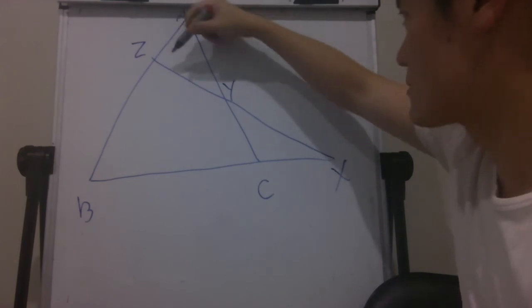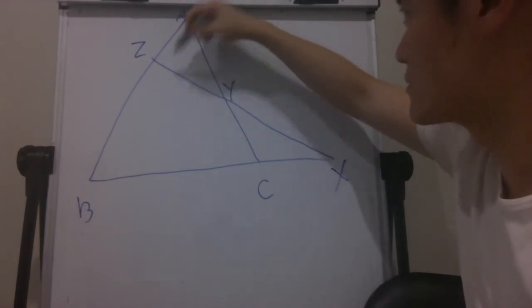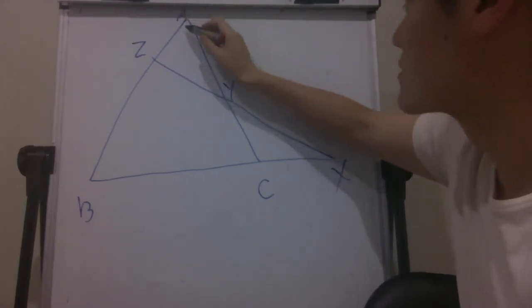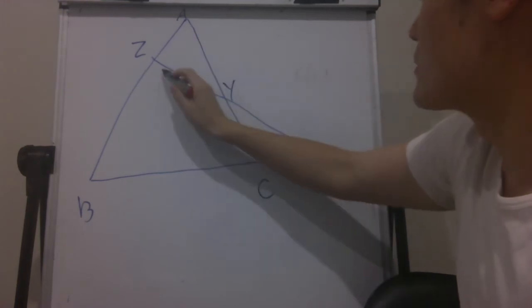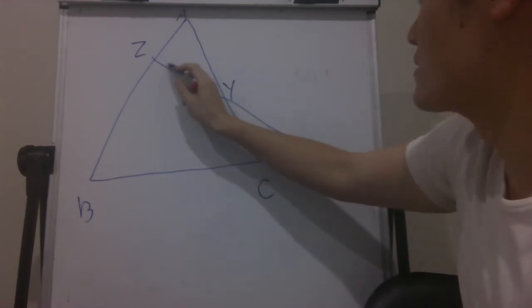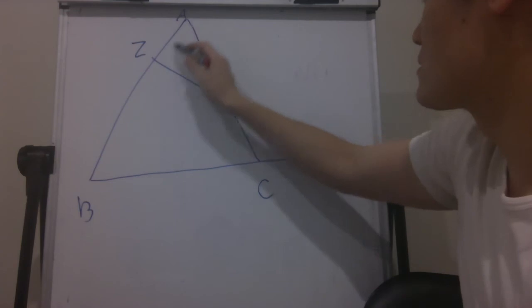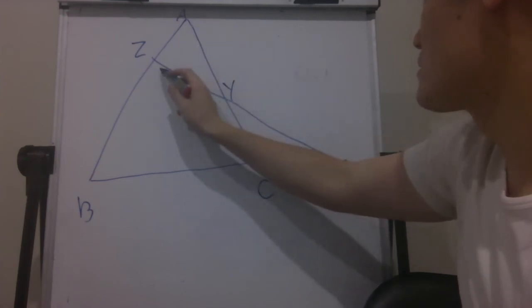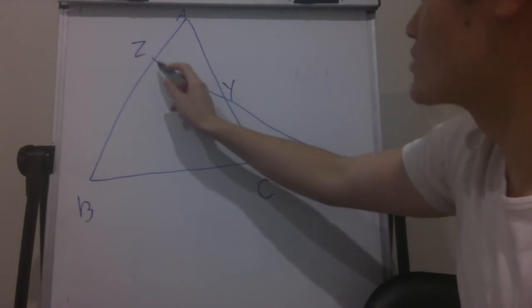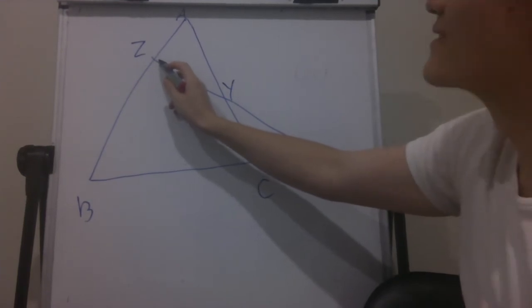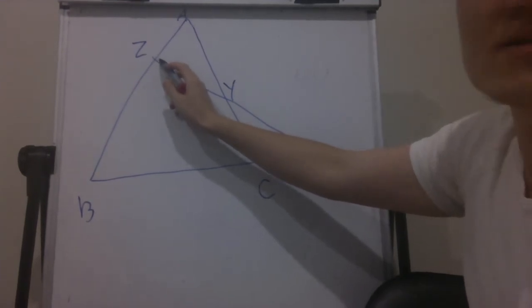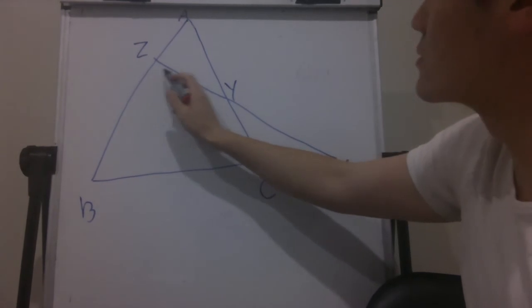Is this acute or obtuse? Maybe the orthocenter is here. The problem is, did I draw this angle acute or obtuse? It's almost like a right angle, a little bit obtuse. Maybe it's here then.